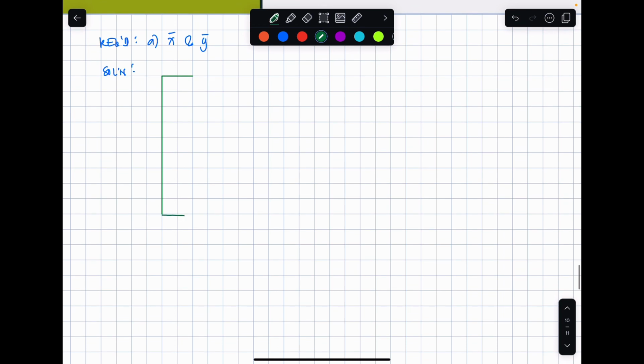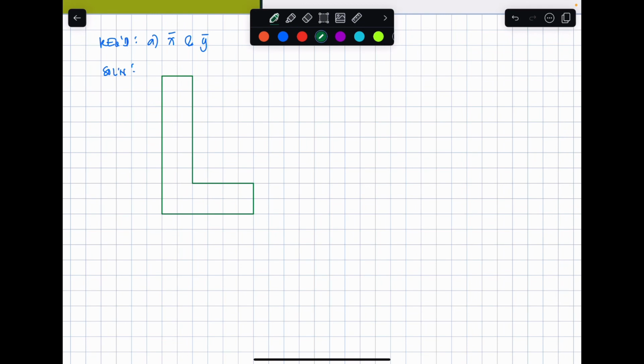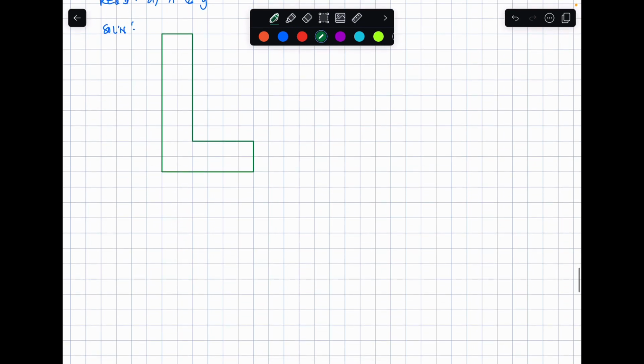So this should be 2, 4, 6. To find the center of gravity, we are going to treat this as area 1, and this as area 2.